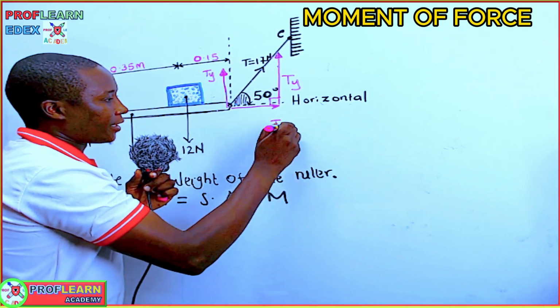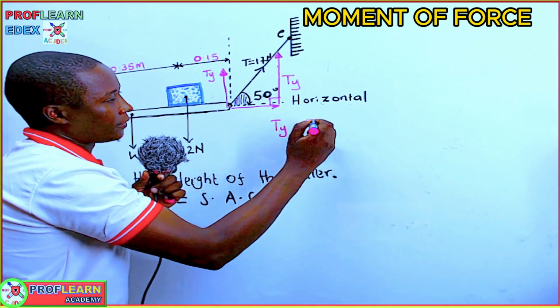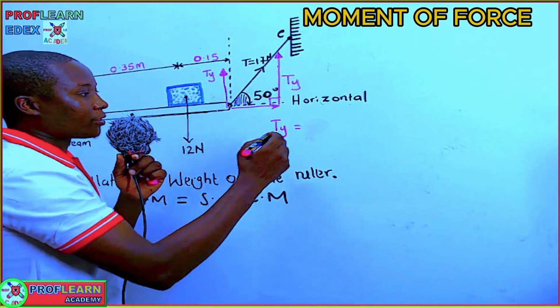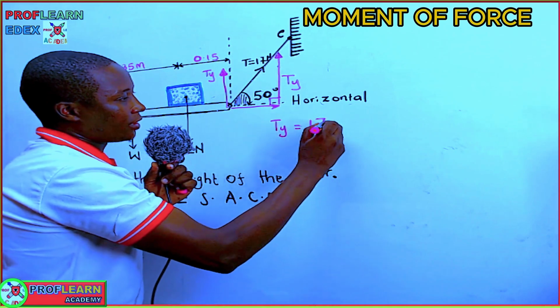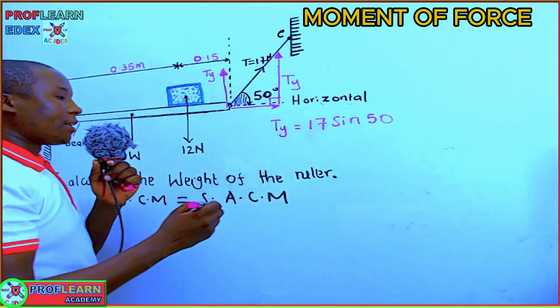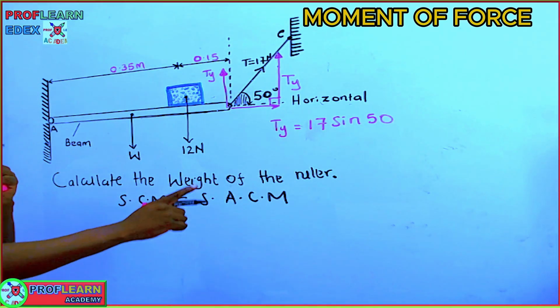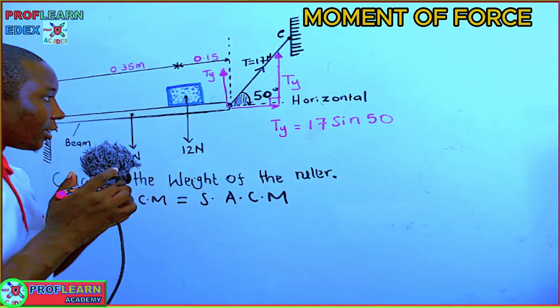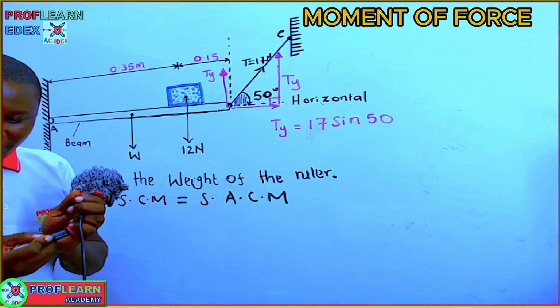Tension in the y direction, Ty, using trigonometry, is going to be 17 sine 50. So the force acting upward is 17 sine 50.